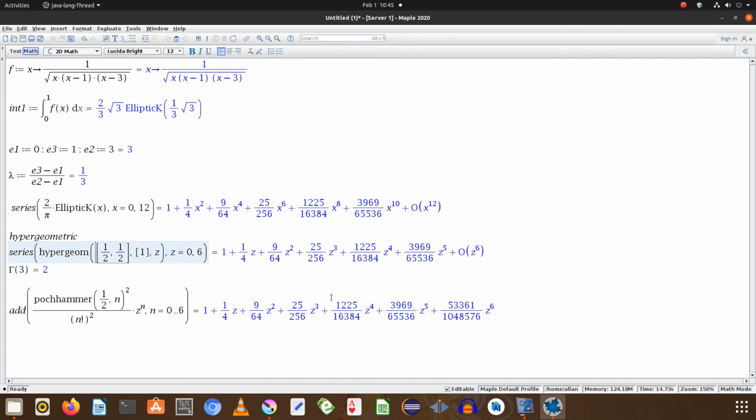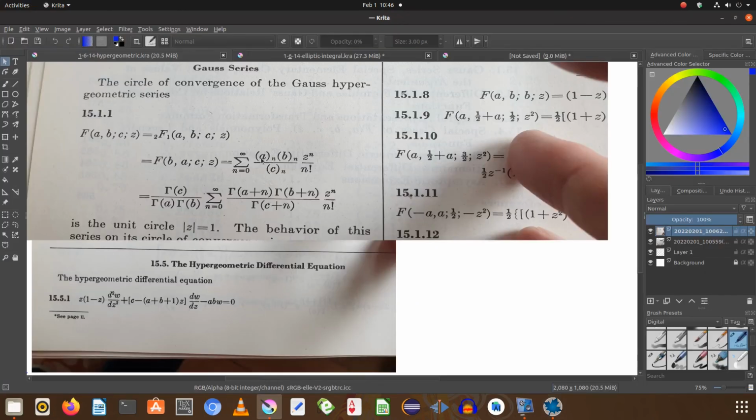Now, it was defined by Pochhammer's symbols.